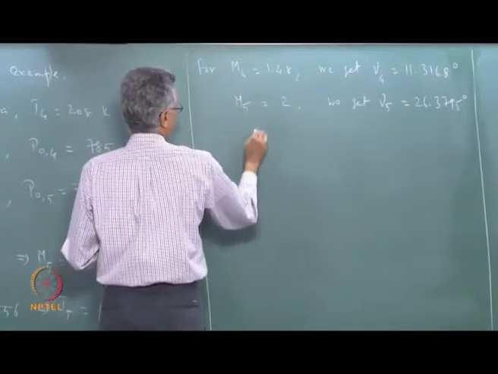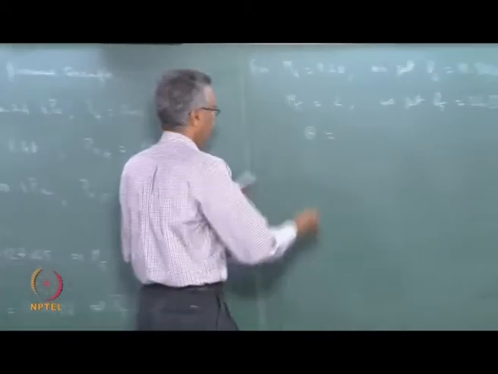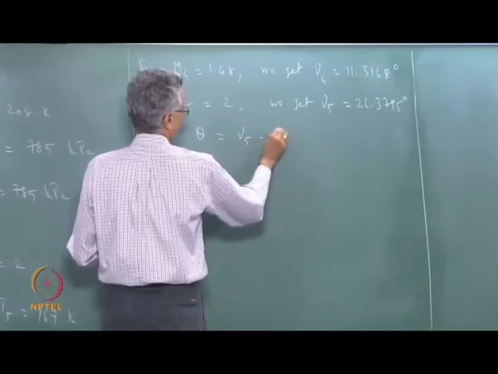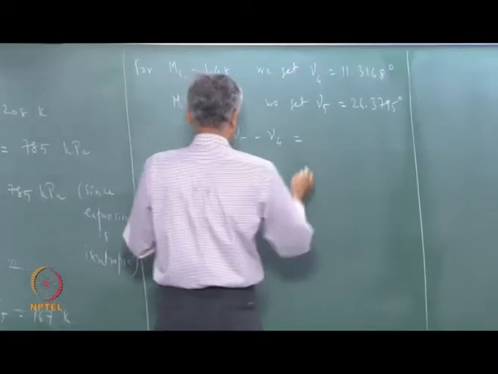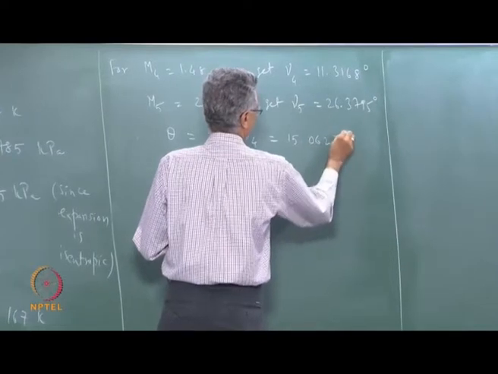This is an expansion process. So, the flow deflection angle in this case is going to be nu 5 minus nu 4. So, that is equal to 15.0627 degrees.